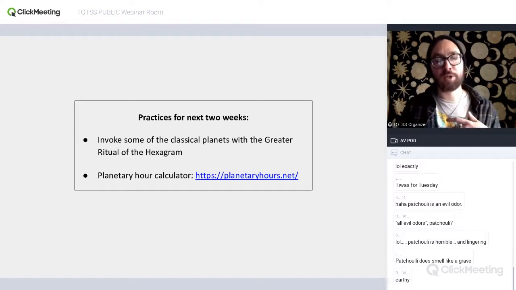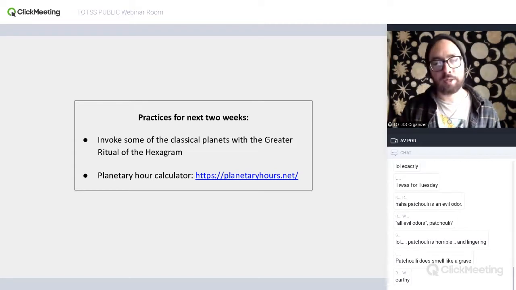And I also have a link here so that you don't have to calculate the planetary hours yourself. If you did, you'd need to calculate how many minutes there are between sunrise and sunset, or between sunset and sunrise if you're working at night, add up the total number of minutes and then divide that by 12, and that's the length of each hour. But there's a bunch of online applications, and one of them is planetaryhours.net.